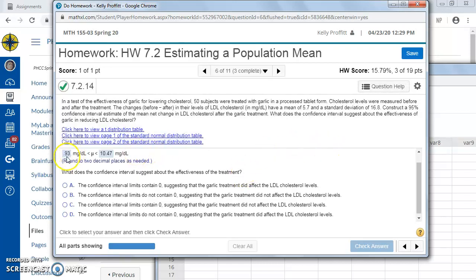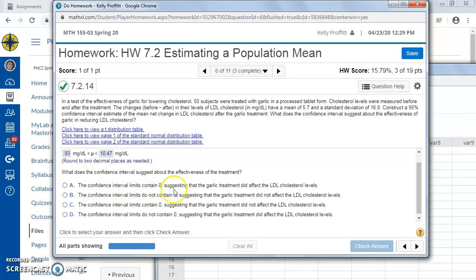Okay, so we go from 0.93. We're 95% confident that the mean change in the LDL cholesterol after this treatment is from 0.93 up to 10.47. And it says, what does this confidence interval suggest about the effectiveness of the treatment? The confidence interval limits contain 0?